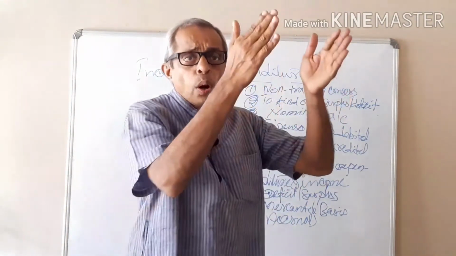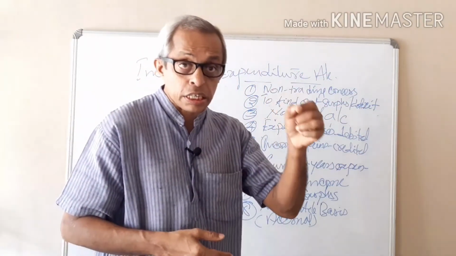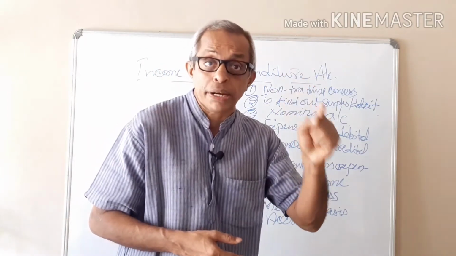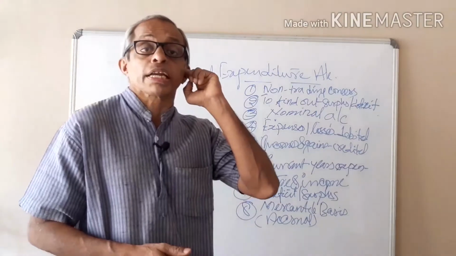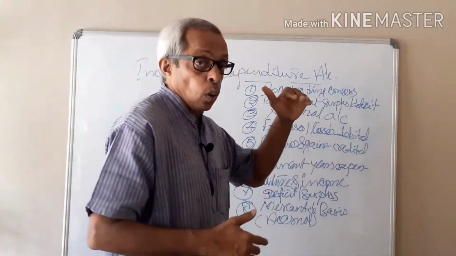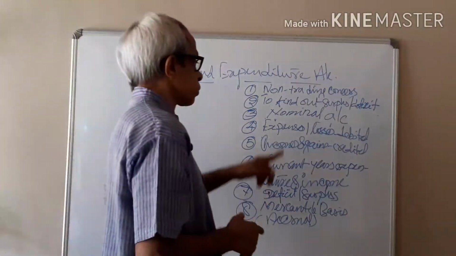So, all expenses and losses will be written on the debit side of income and expenditure account. All incomes and gains will be written on the credit side of income and expenditure account.